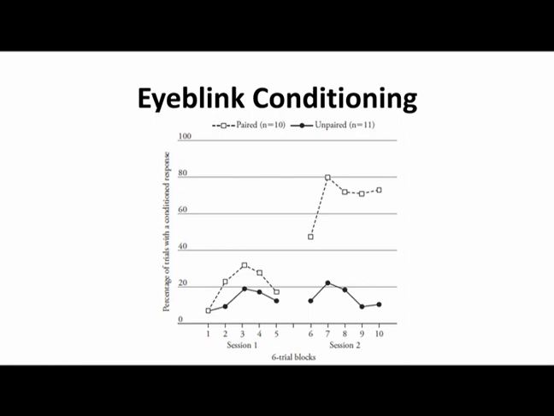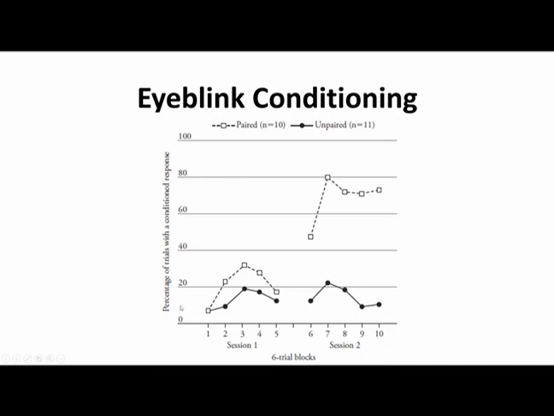But the cool part is that right away in the first trial in the second session, a week later when they came back, our paired group babies showed a much higher percentage of blinking when they heard the tone. This tells us something interesting, that during this first session, even though the performance between the 2 groups didn't differ significantly, there was learning going on behind the scenes. But as we talked about earlier in the course, learning and performance don't always match.